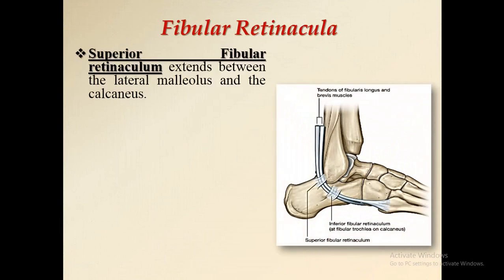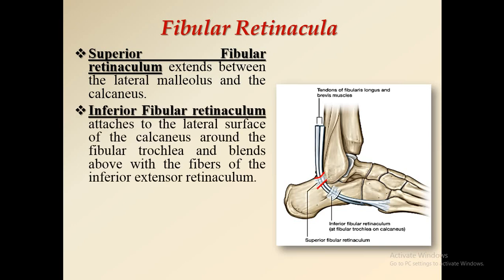Fibular retinacula, which are on the lateral side of the leg, are also two: superior and inferior fibular retinacula. Superior fibular retinaculum extends between the posterior surface of the lateral malleolus and the lateral surface of calcaneus. And inferior fibular retinaculum is attached to the lateral surface of calcaneus.